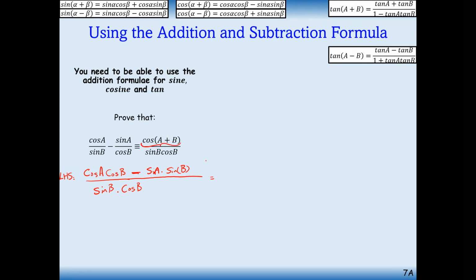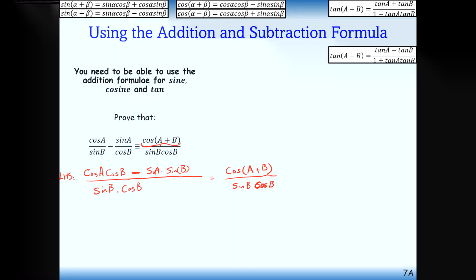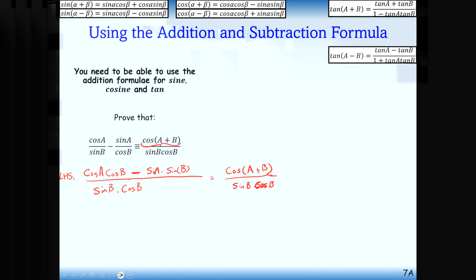That is the definition of sine of a plus b there. So that's just checking your knowledge there, over sine cos b. Okay. So that's that example there. Let's look at the next example.